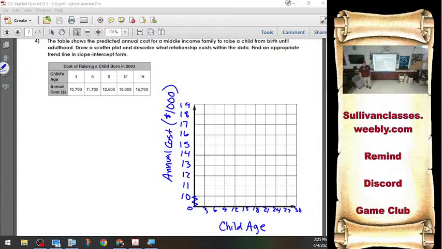Nice and easy just going by thousands. That might not be what you chose. From 10,700 to 16,700, that's 6,000. I have 10 boxes. Could I have just started at 10,700 and then done 600 every box? Yeah. But don't overcomplicate it if you don't need to.